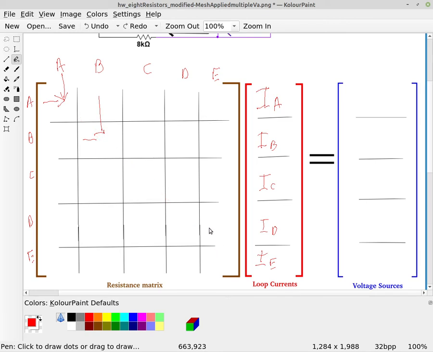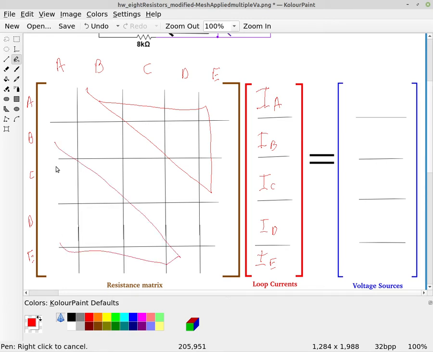And then the off diagonal, which is this triangle here and this triangle here, all of this is going to be negative.